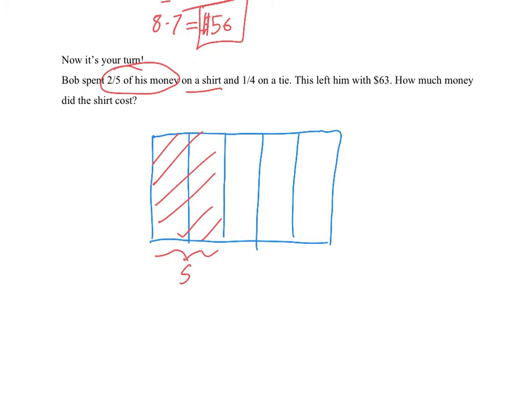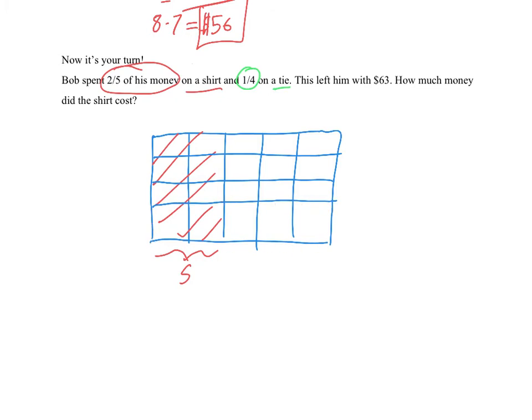But then also 1/4 of the whole was spent on a tie. So again, we're going to make divisions going horizontally to make 1/4. But now we have to decide how much of the whole is 1/4. So how much is 1/4 on a tie? Well, 1/4 of the whole would be this amount.